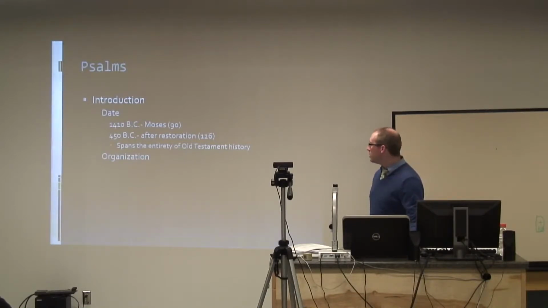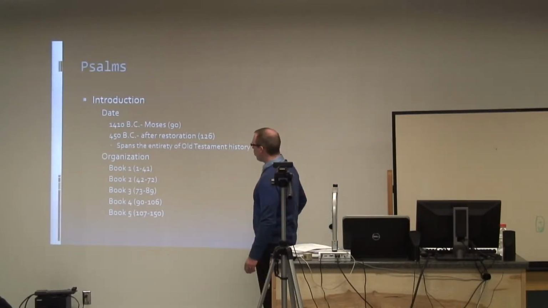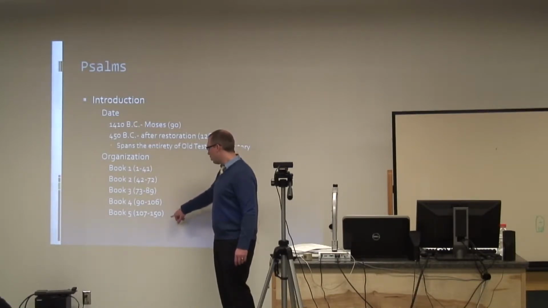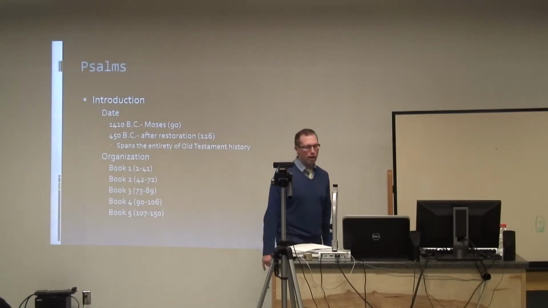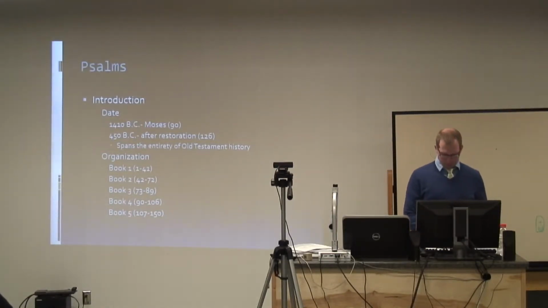By way of organization of the Psalms, we have 5 books. They're organized into 5 books: 1 to 41, 42 to 72, 73 to 89, 90 to 106, 107 to 150. So what you have with the book of Psalms is really a 5-volume book.